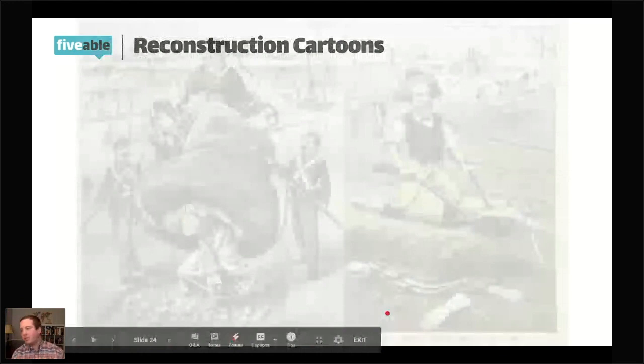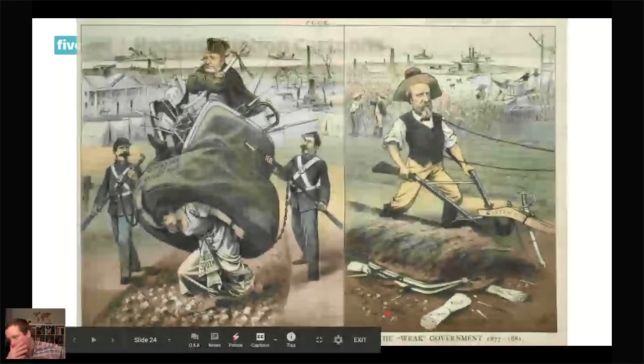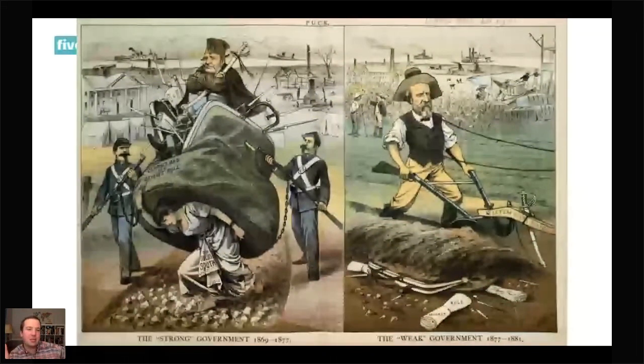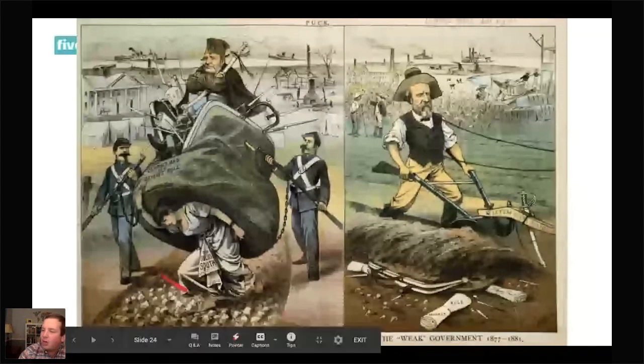And then we have this famous cartoon, the strong government and the weak government. This cartoon actually is rather sympathetic to the South in a way that's kind of racist. It's talking about how the solid South, that's right over here, the solid South is depicted as this sympathetic, wanting woman who's walking a hard road.